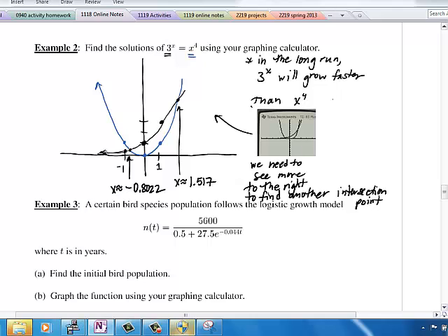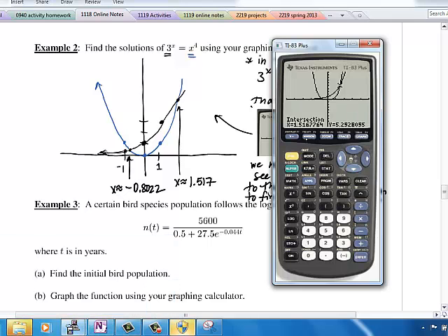And there has to be another intersection point somewhere out here past x equals 1.5. So I'm going to do window x equals 1 to 10. And then I'm going to try a zoom fit. I don't know if that's going to help us or not, but that'll adjust the y values for those given x values.